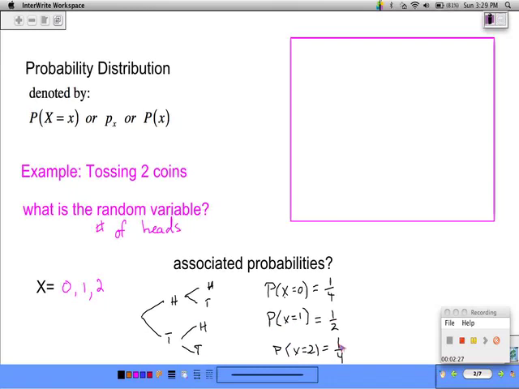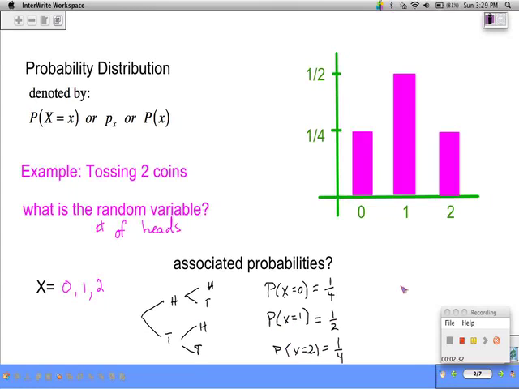Sometimes these probabilities are shown with something called a spike diagram, or sometimes a histogram, or bar graph. This is an example of a bar graph showing the different probabilities for each of these values that the random variable can take on. We'll look at a spike diagram in one of the upcoming examples.